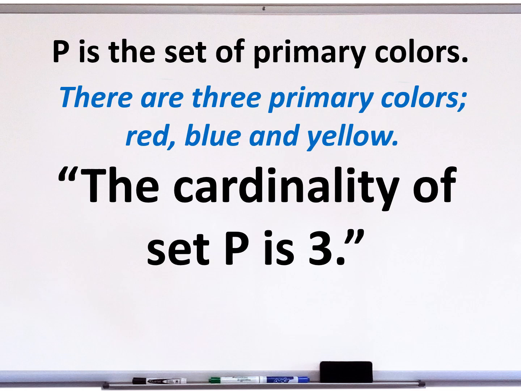Please take note that if you're going to recall the term cardinality, this is simply the number of elements in the given set. If you're asked to write this mathematically, cardinality is represented by small letter n, and beside it is the name of the given set enclosed by parentheses, and the number of elements in the given set is written beside the equal symbol.